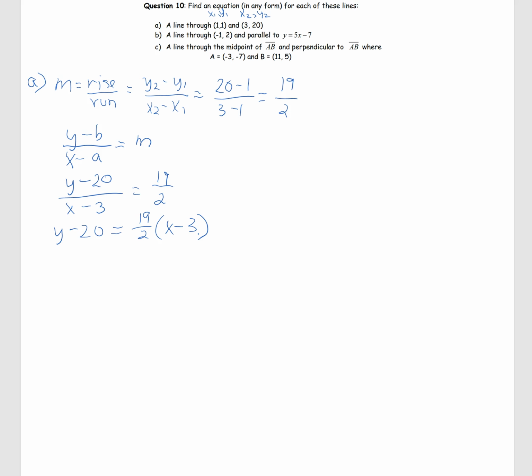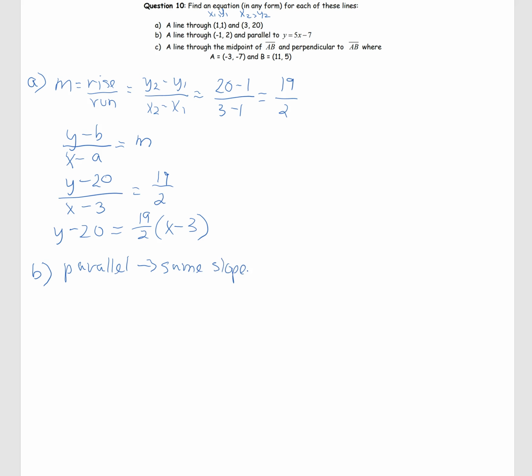Moving on to part B. Part B gives us a point on the line, (-1, 2), and tells us that the line is parallel to y equals 5x minus 7. So we know if lines are parallel, this means they have to have the same slope.